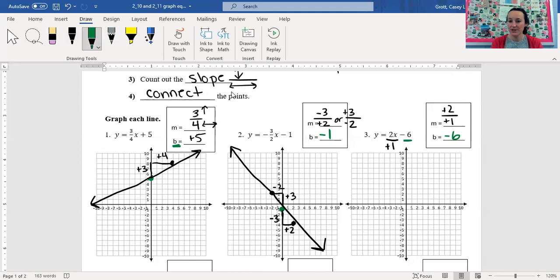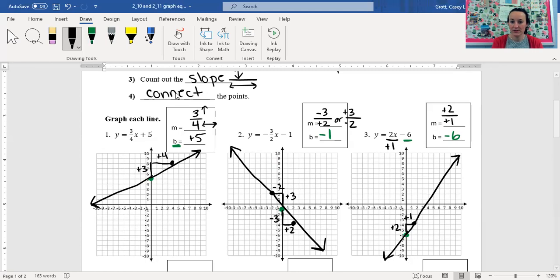Plot the y-intercept first, my beginning point. So -6 is where I'm going to start. And then I'm going up 2. Okay, +2, +2. And over 1 to the right, +1. Draw my line to connect my points.